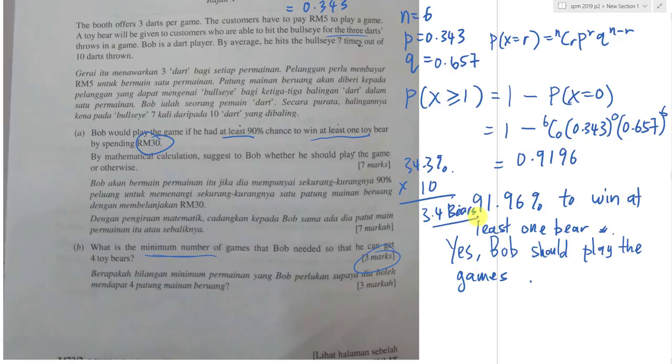Because you multiply 10 by 0.343, you actually get 3.43, right? So basically, if the percentage of winning 1 bear is 34.3%, if I play 10 games, I will only win around 3.4 bear. It's not even close to the 4 bear. This is my logic, okay? I might be wrong, so I just share my logic here.